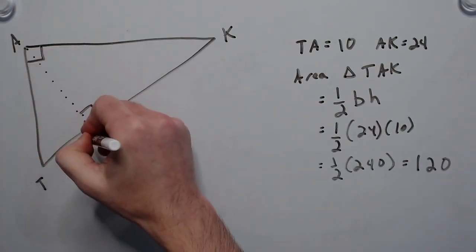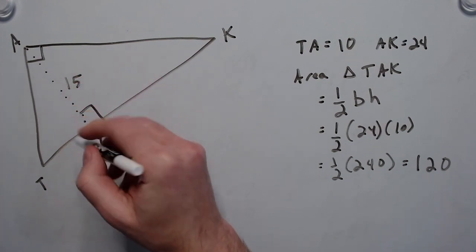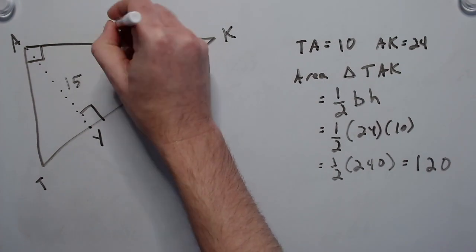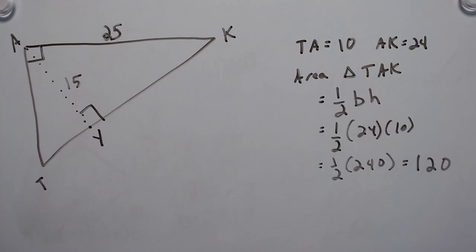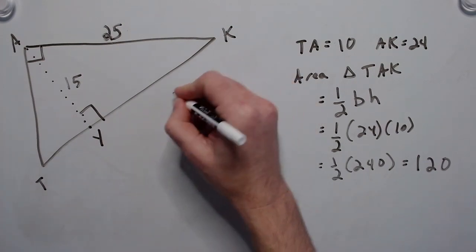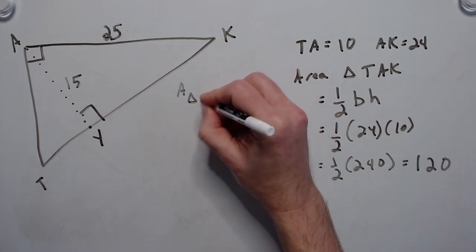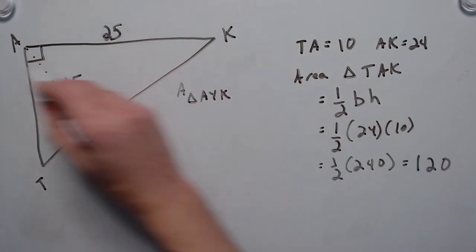Let's say AY is 15 and AK is 25. We want to find the area of triangle AYK.